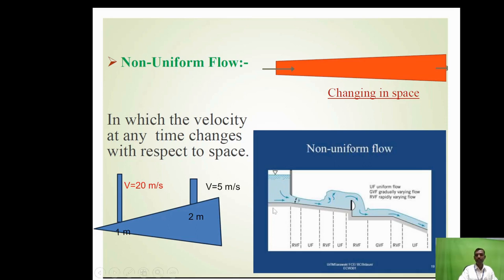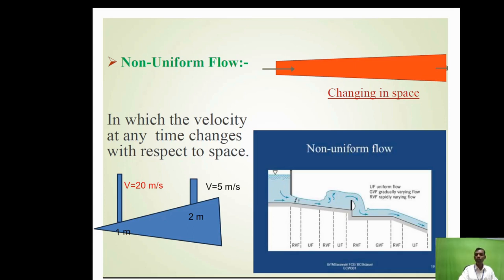See this diagram also. Here the water is flowing. In this region, the diameter is decreased. The velocity value varies, so this is a non-uniform flow. In this region, the pipeline diameter is the same.